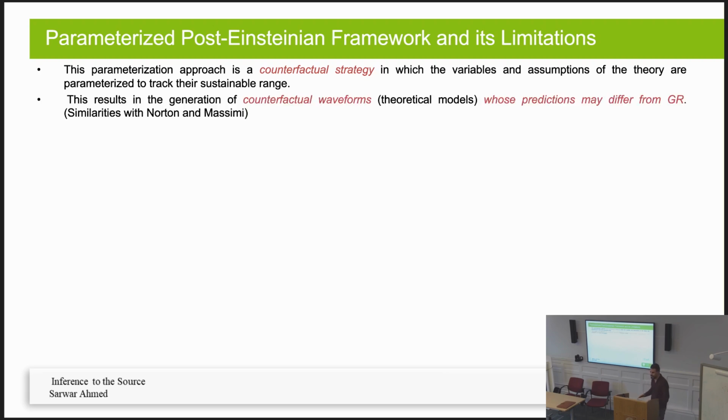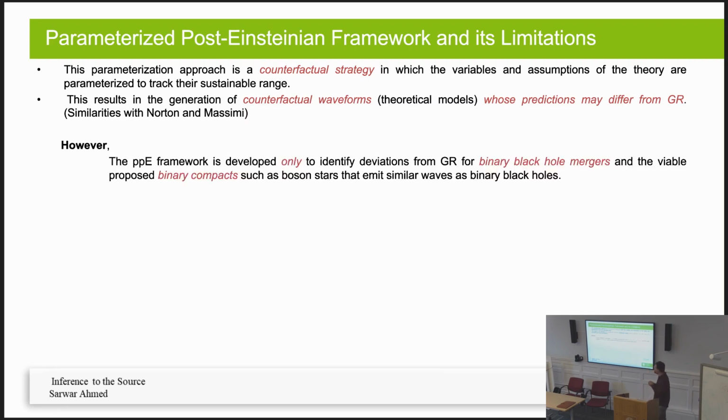And this results in generating counterfactual waveforms, or theoretical models whose predictions may differ from the fundamental theory, in our case GR. One can already find similarities between this strategy and Norton and Massimi.